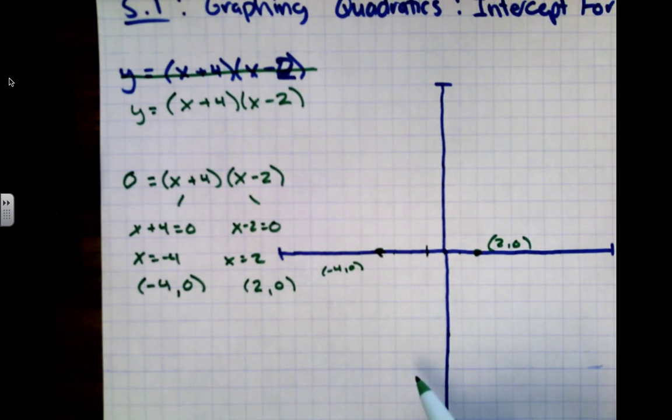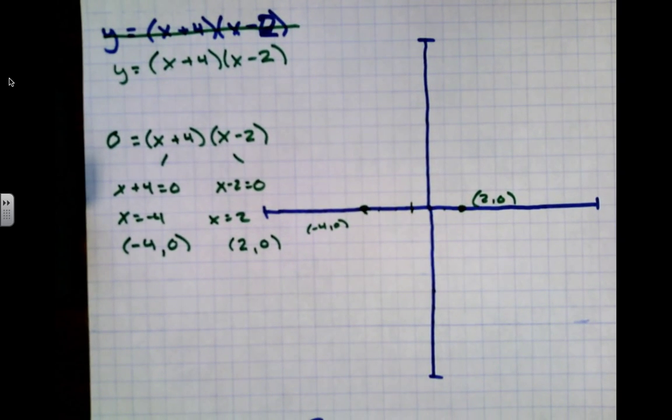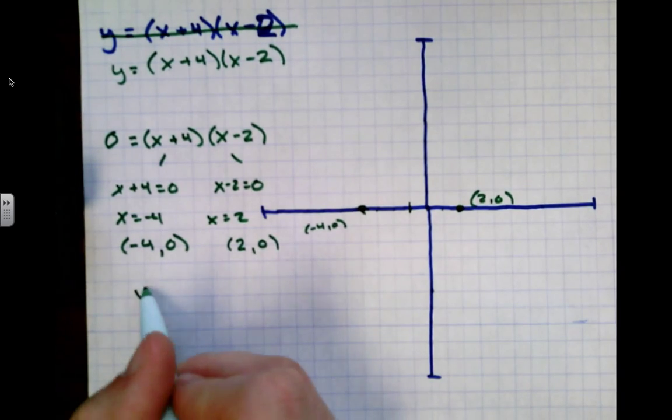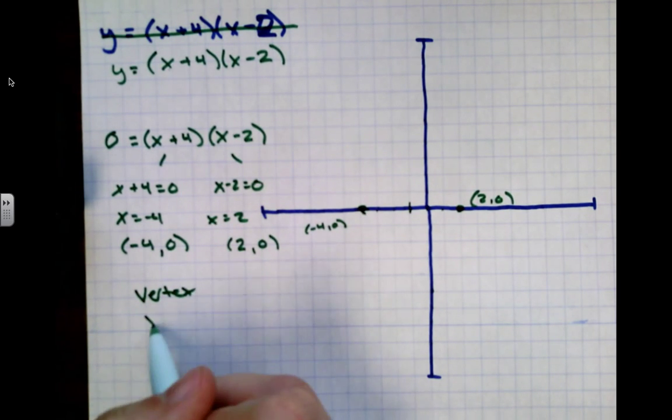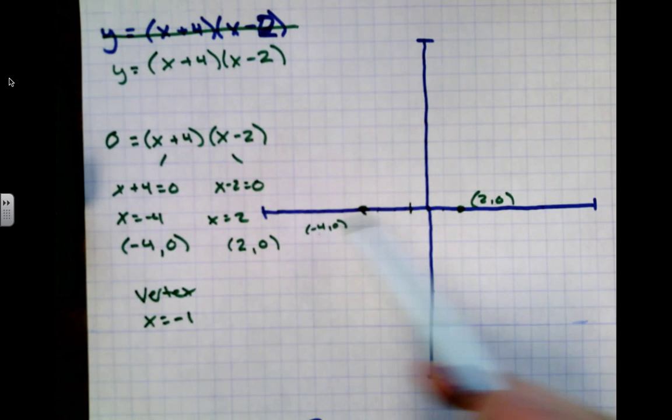They should be the same distance apart from the vertex because they have the same y value, which is something we had seen in class and in looking at things in standard form. So I identify my vertex is going to have an x value of negative 1 because that's the x value that's directly between negative 4 and 2.